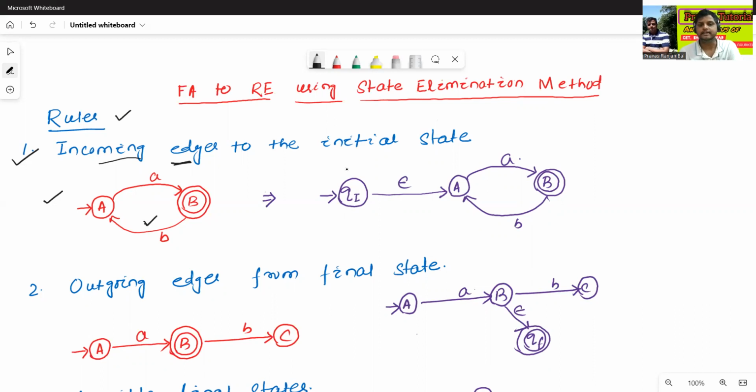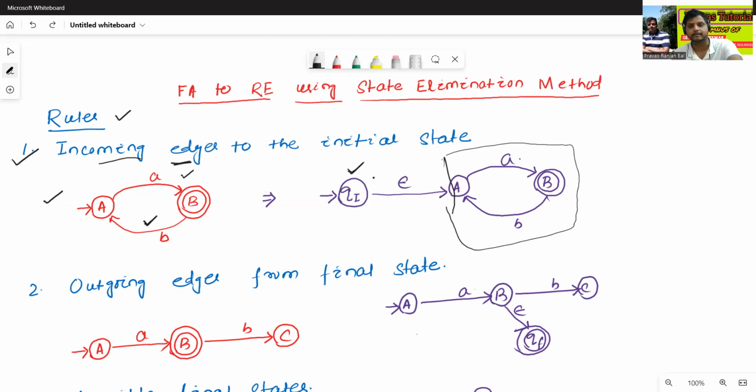In this case, just introduce one new initial state, Qi, and keep the remaining finite automata the same: A to A and B to B, all things the same. Just introduce one initial state Qi and join using epsilon.